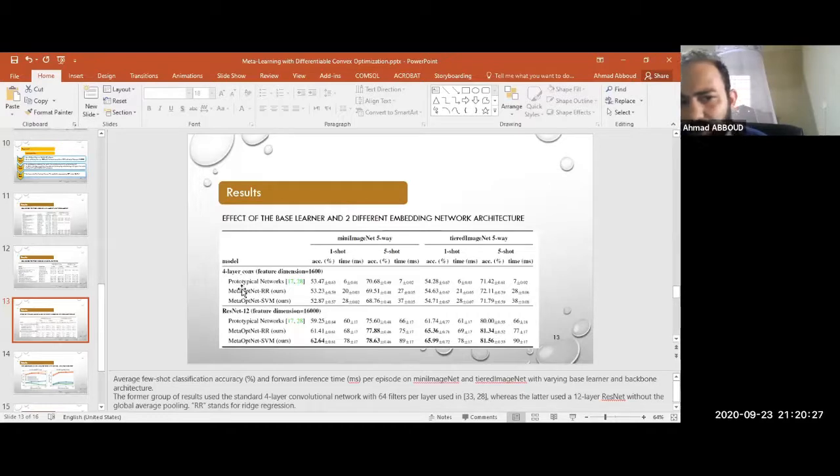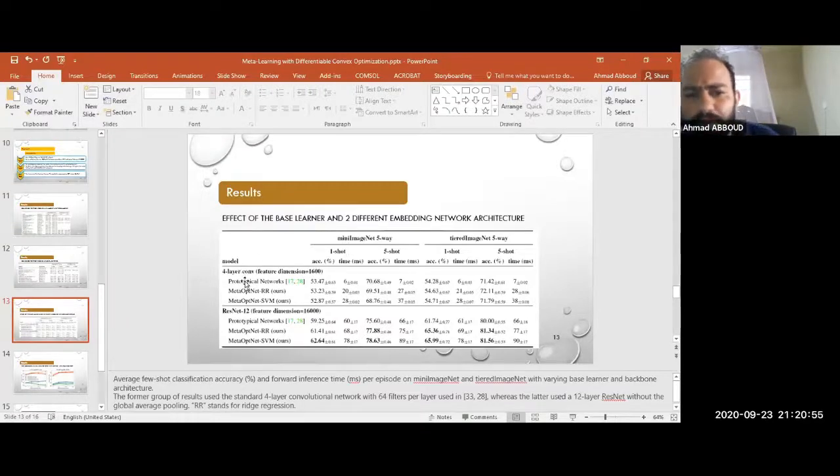These are the groups of embedding network. The first group uses a 4-layer convolutional network. The second group uses ResNet-12 as the embedding network, with a feature dimension of 1,600 for the first one and 16,000 for the second one. So let's go to the result on miniImageNet and on tieredImageNet.